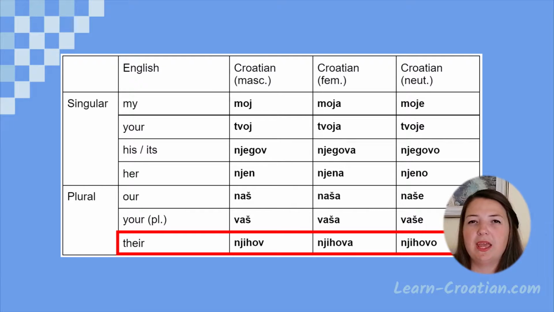It doesn't matter if there is a couple of guys, a couple of girls, or guys and girls mixed together. It doesn't differentiate in that way as it does in the third person singular. So there would be just njihov, njihova, njihovo. But I'll cover this in another video.